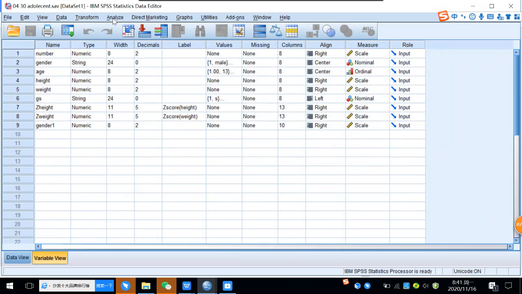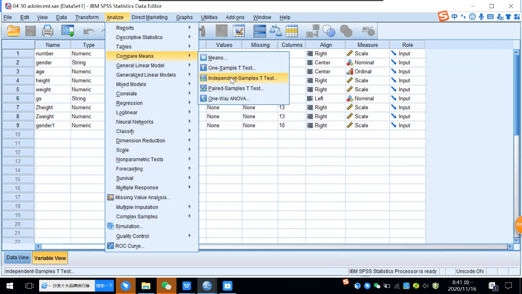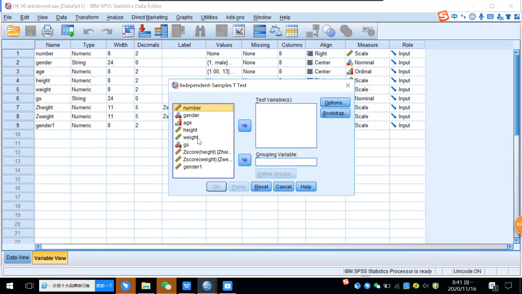We click Analyze, Compare Means, Independent-Samples T Test, right? This time we need to compare the mean weight. So we input the weight into the test variable. The grouping variable is the gender. Okay, and define the groups.